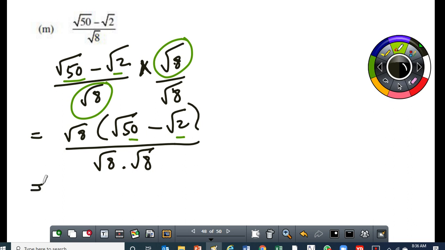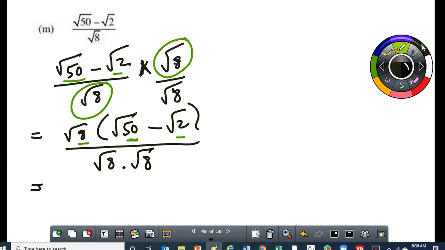Then the next step: I don't want to complicate things for myself, so I'm going to convert this 8 here because it can be written as a product of a prime number and a perfect square. This 50 can also be written as a product of a prime number and a perfect square. So I'm going to simplify it like this. I'm going to write my square root of 8 as square root of 4 times 2.